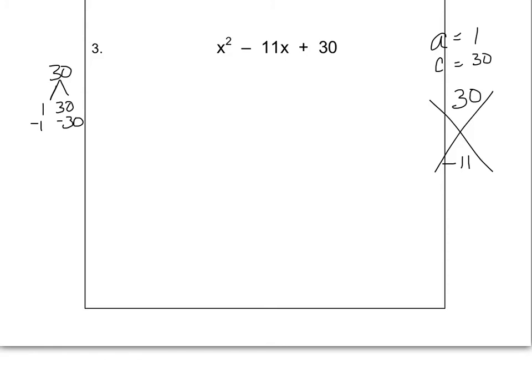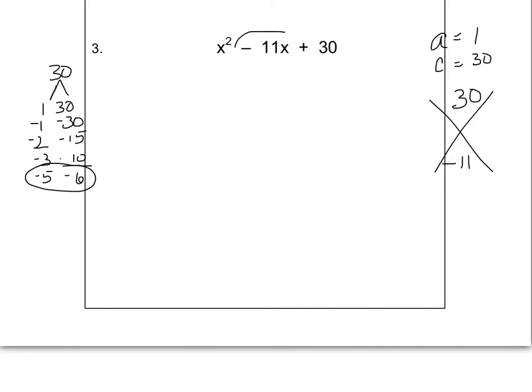We've got negative 1 and negative 30, negative 2 and negative 15, negative 3 and negative 10, negative 5 and negative 6. Obviously, I could put down the positive numbers too, but the positive numbers are never going to give me a negative number if I add them together. So right there are our two we're looking for.